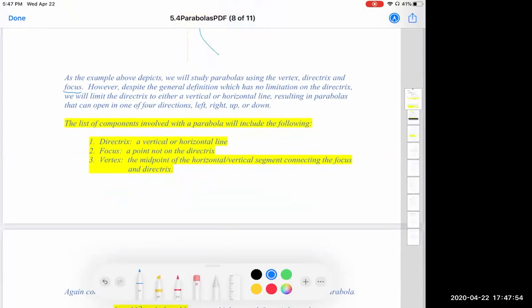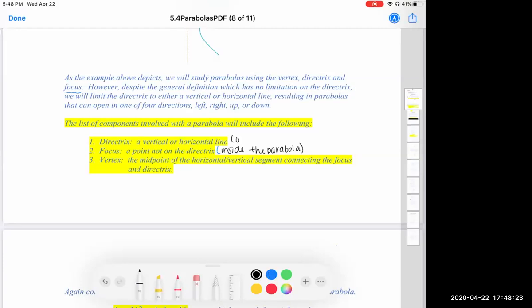The list of components involved with a parabola will include the following. One, your directrix, a vertical or horizontal line. Two, the focus, a point not on the directrix. Your focus, that point is inside the parabola.